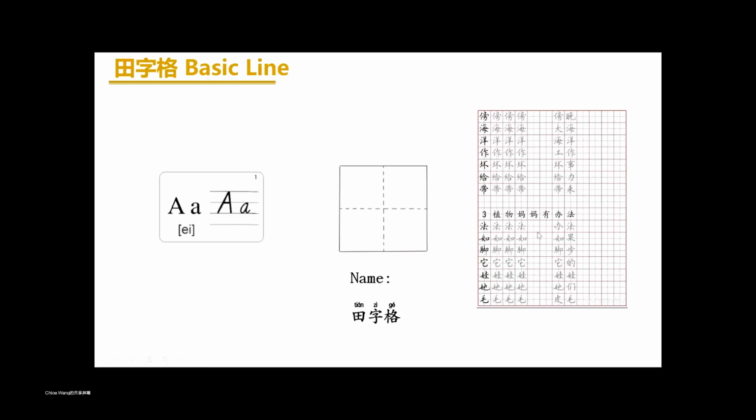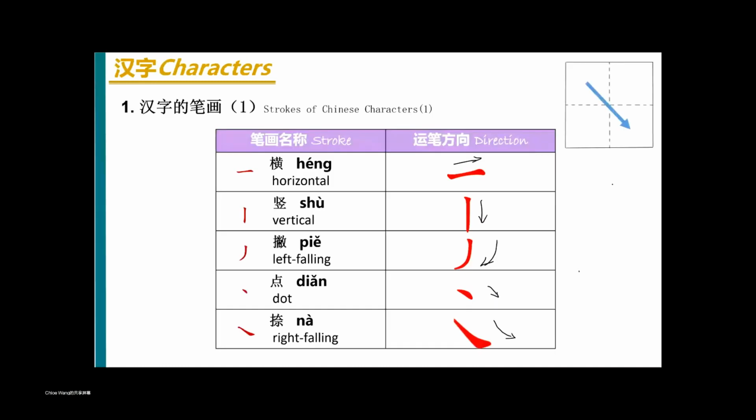And here is an example to show how we use this 田字格 to practice Chinese characters. You see, in Chinese characters, we have lots of strokes. And even for the same stroke, like the basic 横 we just learned, there's a short 横 or a longer 横 or an even longer 横. So they are not the same.